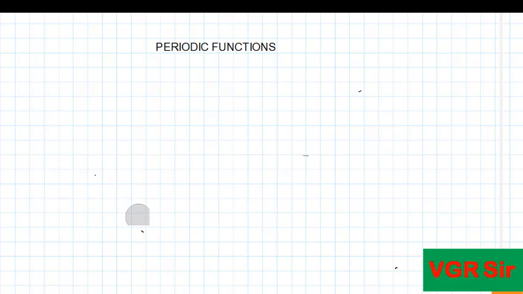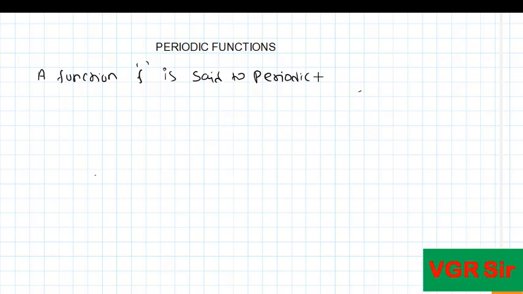Algebraic definition is important, students. Again, I want to write the definition. Periodic function definition: a function f is said to be periodic if there exists a positive real number t, or sometimes p, whatever it may be.